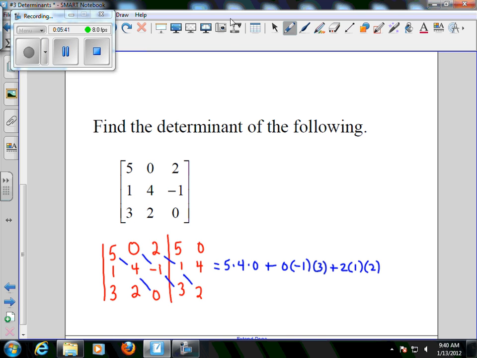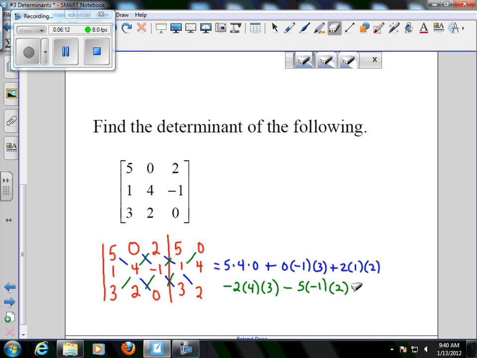Okay. Now we need to go the other way, and I've run out of room, so I'm going to go on to the next line here. We need to subtract now, since we're going the other way. 2 times 4 times 3. Subtract the next diagonal, 5 times -1 times 2. And subtract the last diagonal.